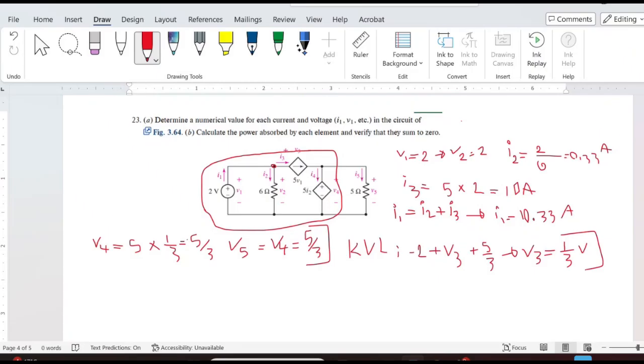Okay, let's see what else we need to calculate. I guess we only need to calculate at this point I4 and I5. I3, we already calculated.